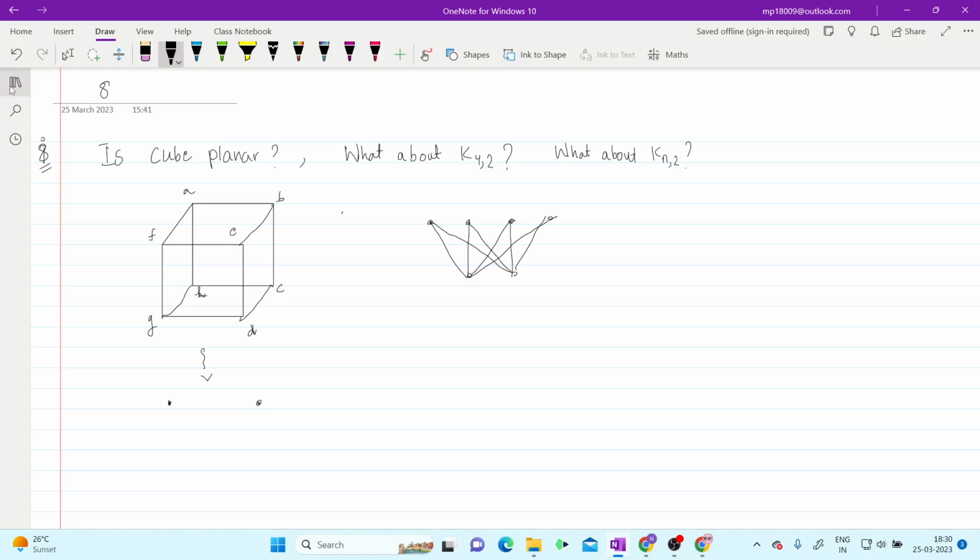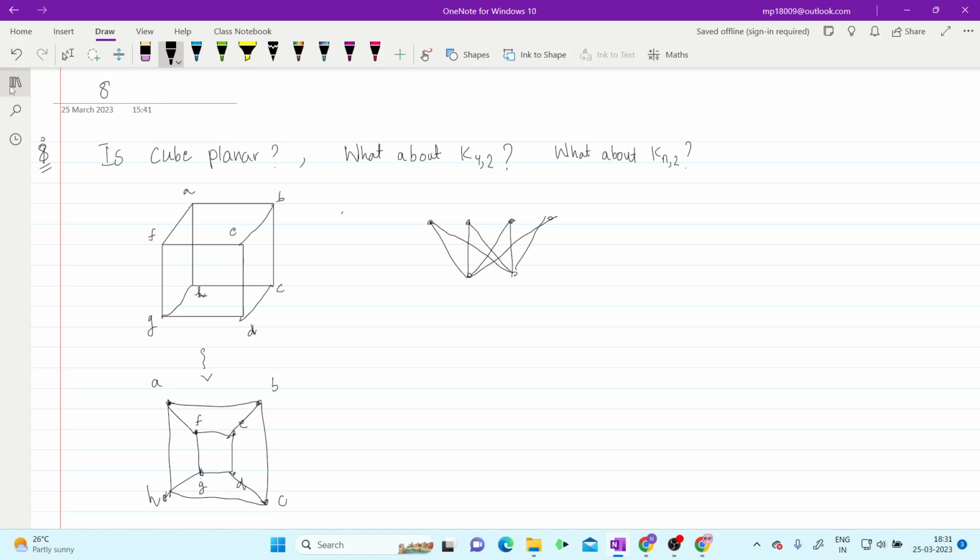Or you can say that, if you look at this face ABCH, and if I expand this face, I have a cube and I am expanding the last face and pushing it down, so I will have some diagram like this: F, E, G, D. We took the lower face, expanded it, and projected it.